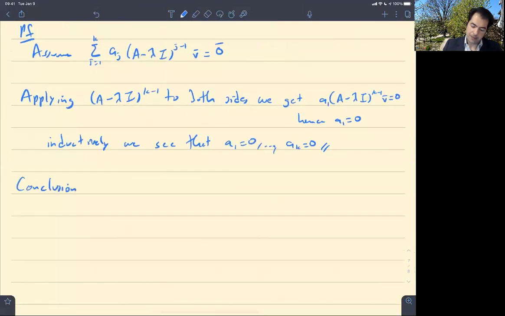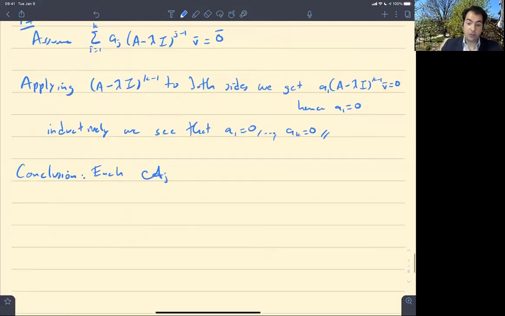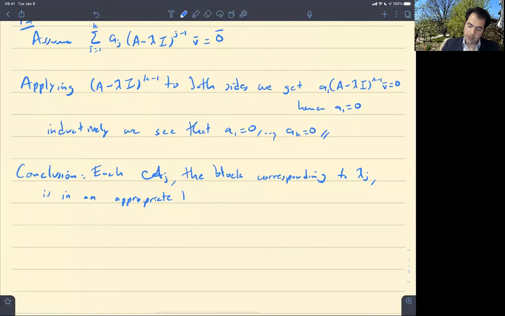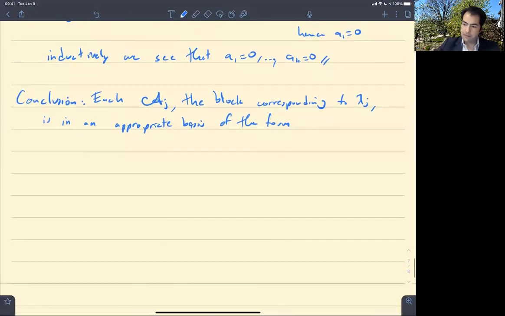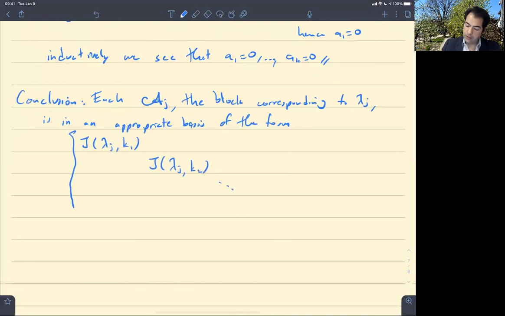So the conclusion is that each AJ, each of these blocks, is in an appropriate basis, a basis made up of Jordan chains, a matrix of the form: some Jordan block corresponding to lambda j, say of size k1, then some Jordan block corresponding to lambda j of size k2, and so on until you have some Jordan block corresponding to lambda j of size k, say capital M. And zeros everywhere else.